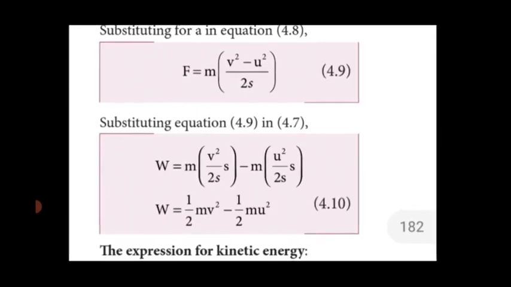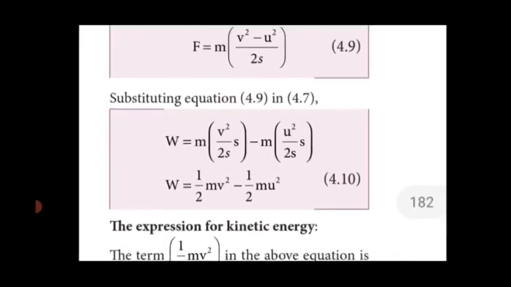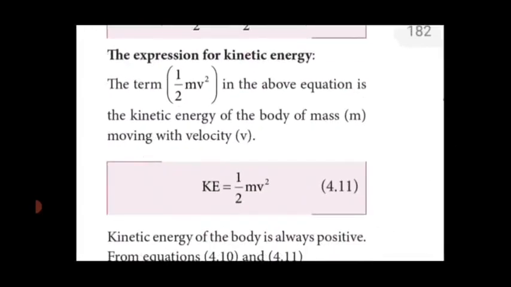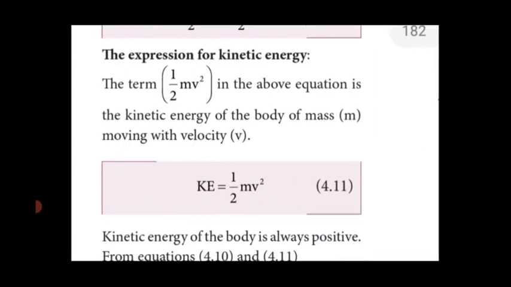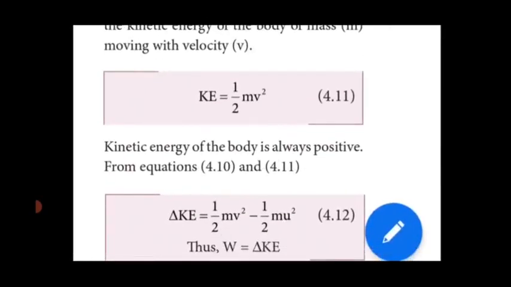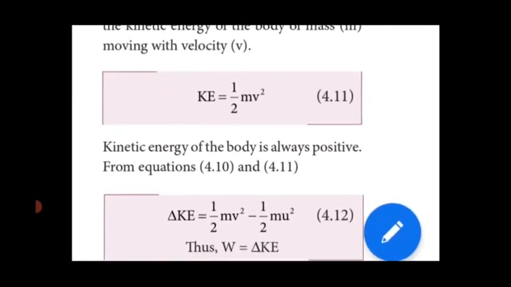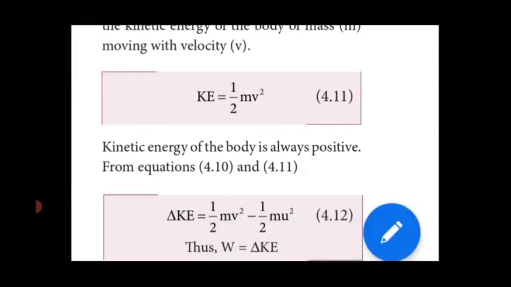Here s gets cancelled and you get half as a common factor, with m v square and one more term, m u square. So the expression for kinetic energy, the term half m v square, which you know from your earlier classes, is the kinetic energy of a body of mass m moving with velocity v. So KE is equal to half m v square.